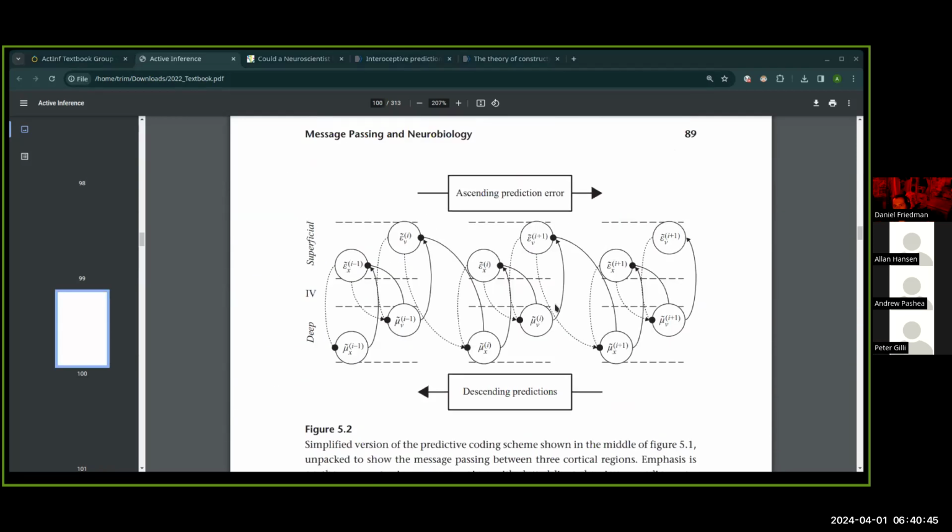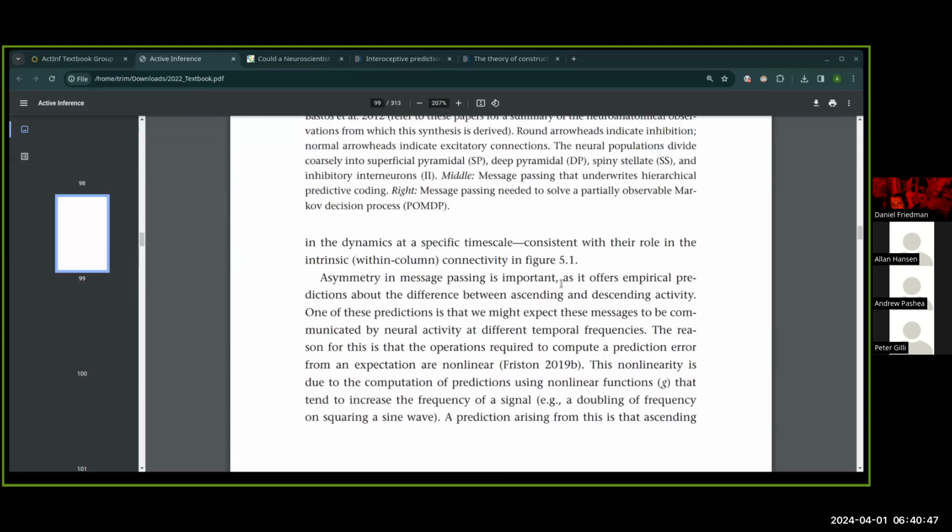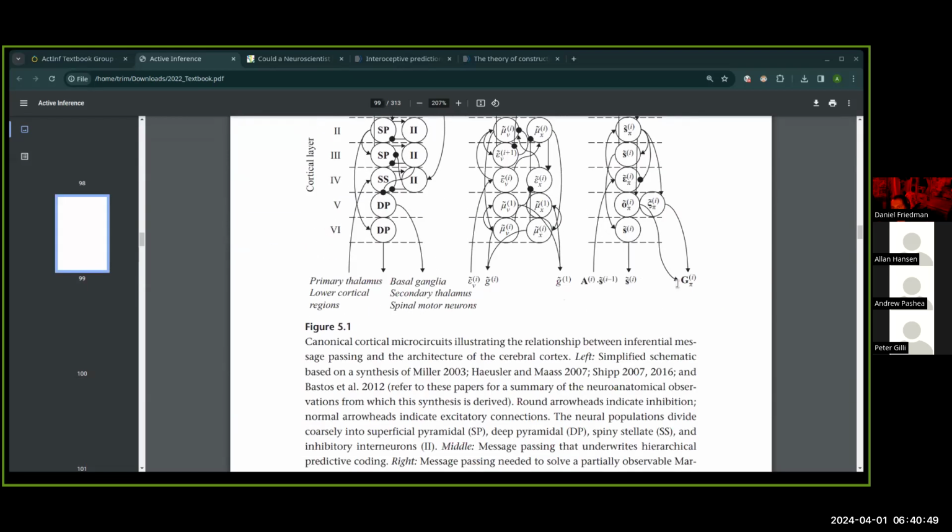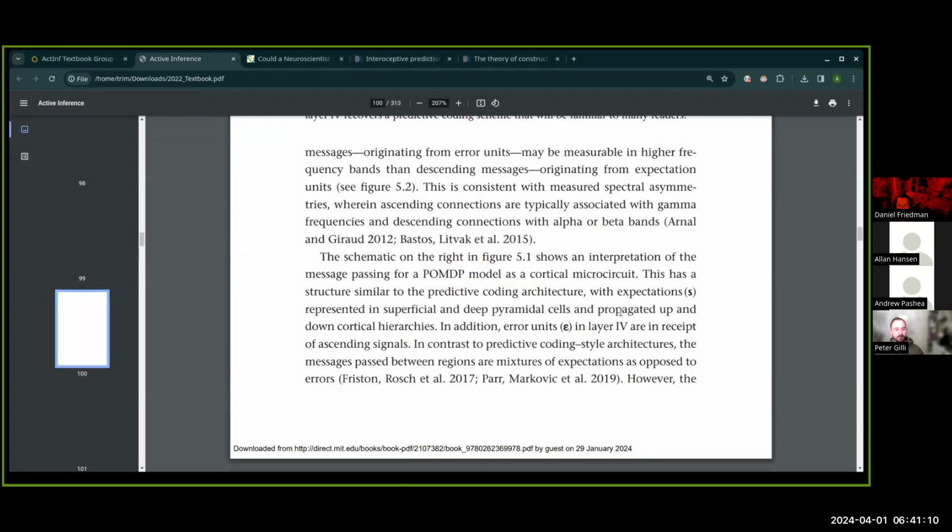Okay, so now we're going to trace this path. This is the descending motor prediction coming out of, for example, a motor cortical region. It's going to be projecting down to regions involved in motor control and neurons that have motor right in their name. So they have to be doing it, right?